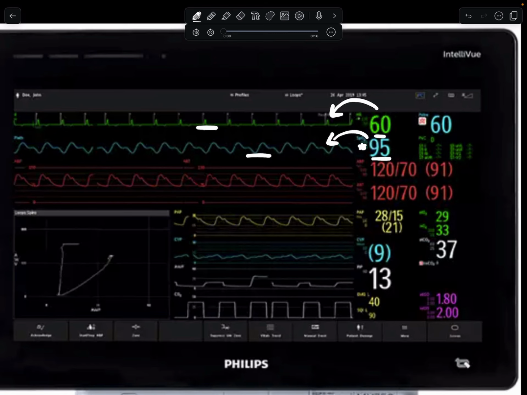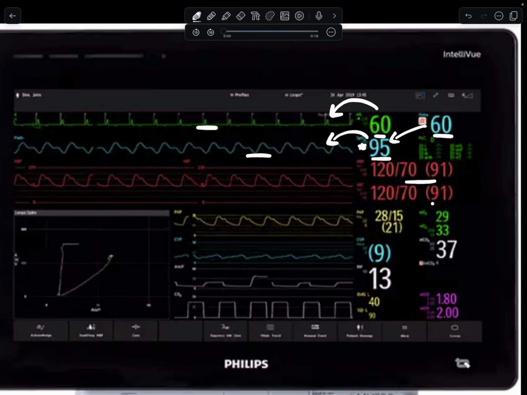Likewise, here's your ECG reading. This number in blue right here, you can see that it matches the same blue as the 95. That's your pulse rate that's also coming from your pulse oximeter. So that would be one of the methods of continuous heart rate monitoring that we had mentioned in the ASA standards.